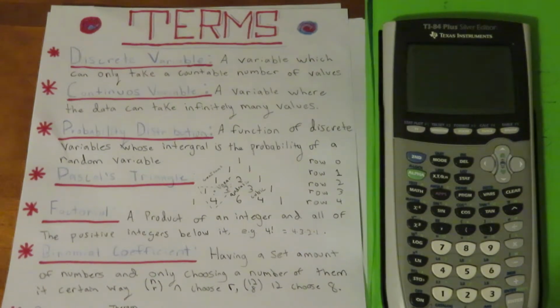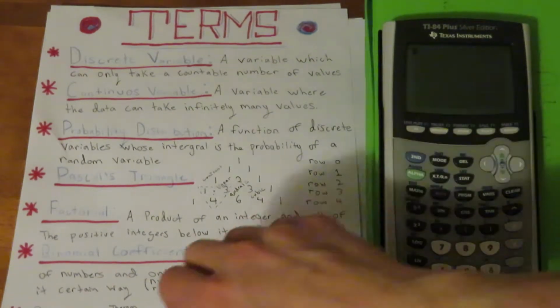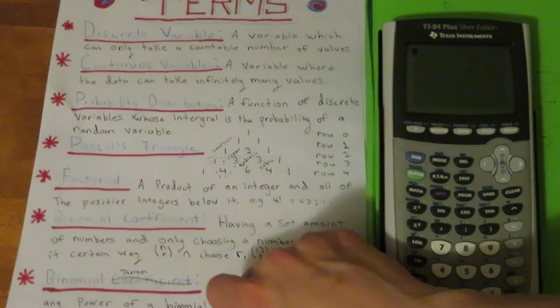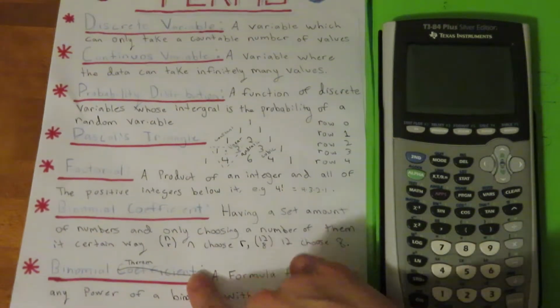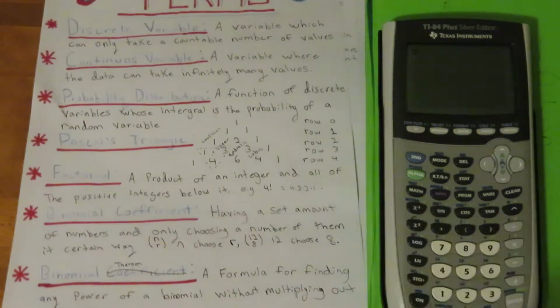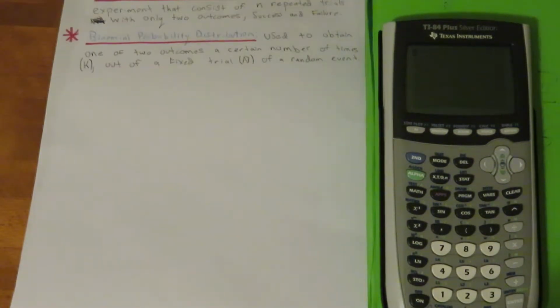The next one is binomial theorem. I accidentally wrote coefficient, but yeah, binomial theorem. This is a formula for finding any power of a binomial without multiplying it out, so you don't have to do the whole thing and be redundant.